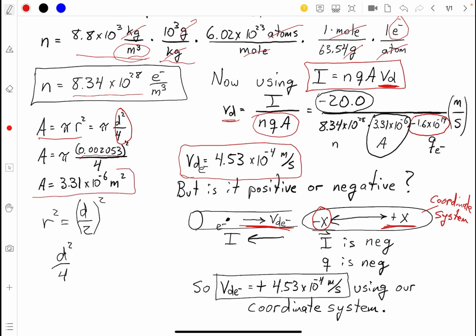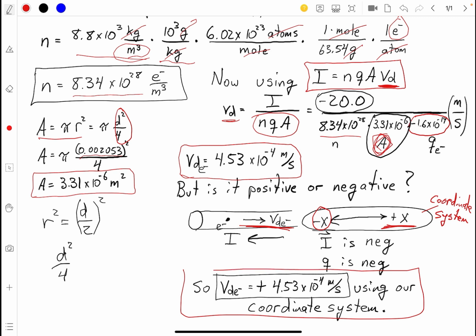That leaves us with this amount of area. So we plug that into our area. We've already done this. That was the hard part. The rest of it's fairly easy, and we get this drift velocity. And we know, using our coordinate system, that it's a positive drift velocity.